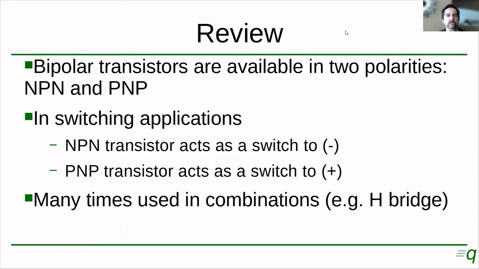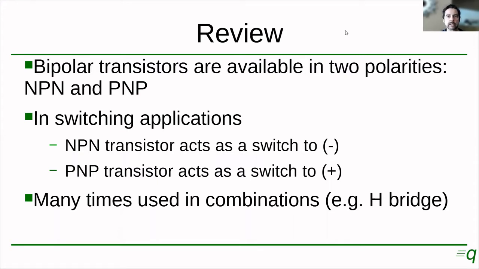Let's start by reviewing some concepts that we studied in previous classes. We learned that bipolar transistors are available in two polarities, which are NPN and PNP. And we learned how to use them in switching applications, where an NPN transistor acts as a switch to the negative side of the supply, and a PNP transistor acts as a switch to the positive side of the supply, right?